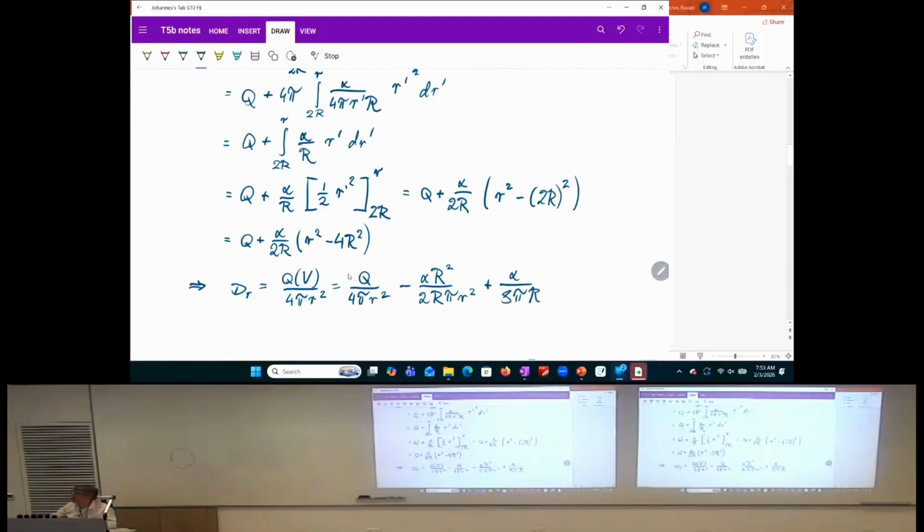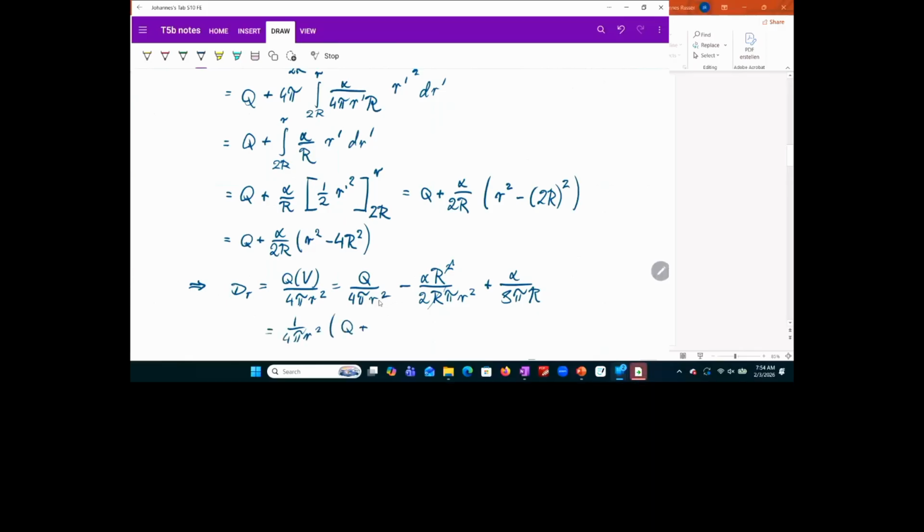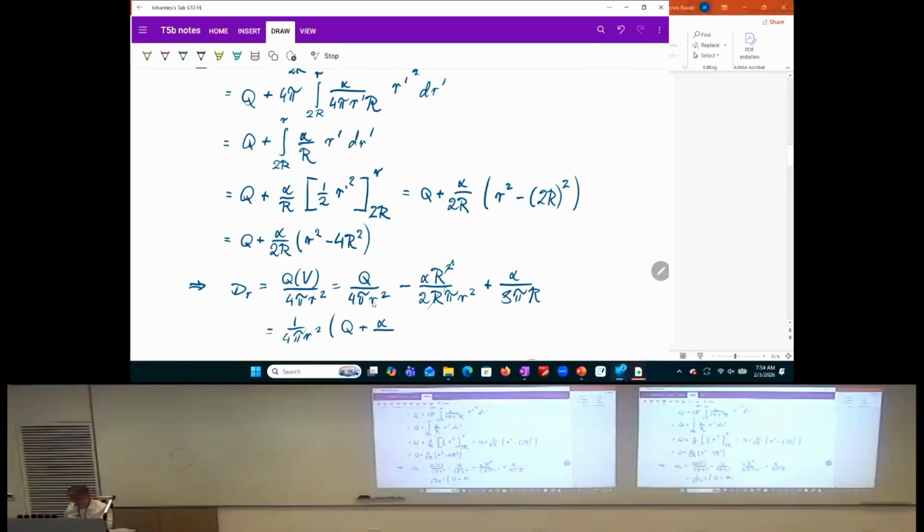Yeah, so here minus 4R squared alpha divided by 2R, and the whole thing divided by 4 pi r. Actually, this one r we can also take out. That you can cancel that out here. And then you get 1 over 4 pi r squared Q plus alpha over 2R.